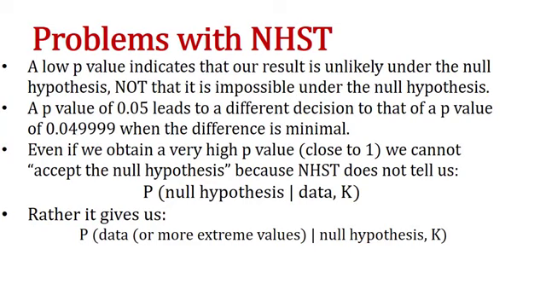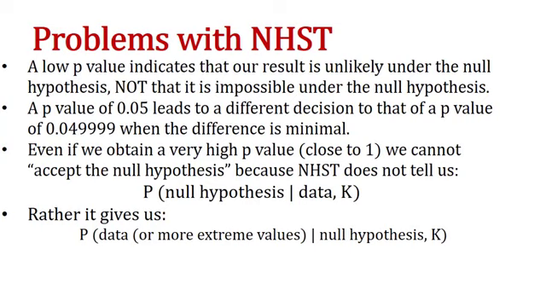The American Psychological Association is proposing a different approach. So there are a lot of calls for doing something about the NHST approach. Now, I'm going to show you 3 of the problems, but there are more.